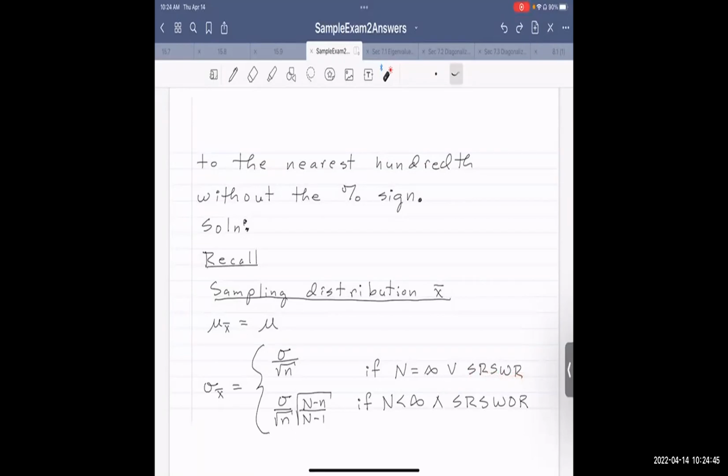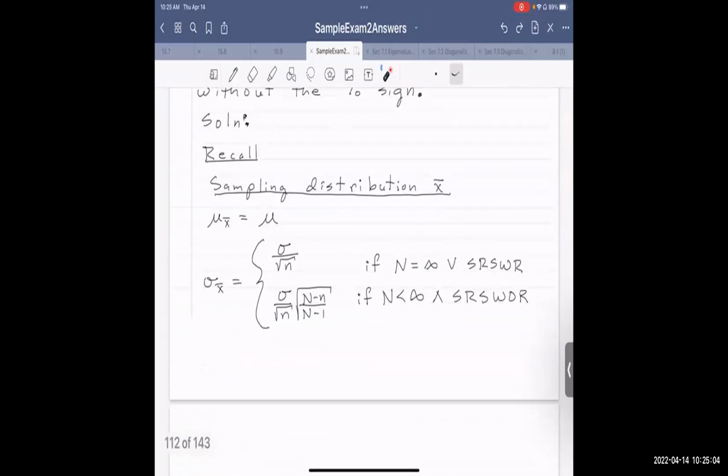It is equal to sigma over the square root of little n times the square root of big N minus little n over big N minus 1, if the population is finite and if we're doing a simple random sample without replacement.